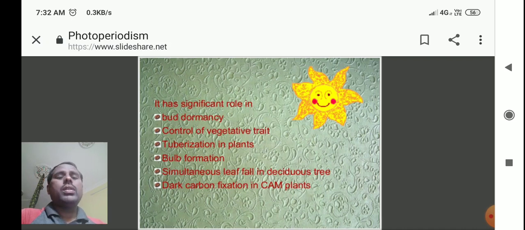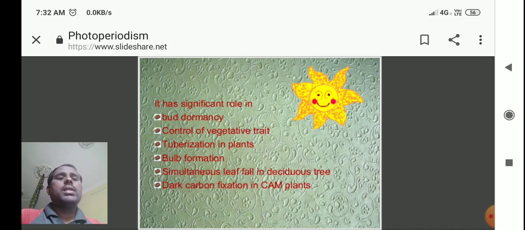You can observe in our forest area that plants shed their leaves because photoperiodism can stimulate leaf fall. It also controls the secretion of some hormones and dark carbon fixation in CAM plants.